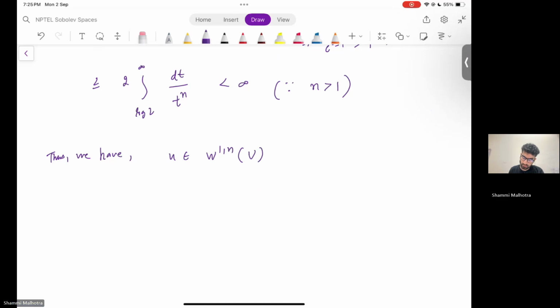But what do we have here? We have this u is certainly not bounded. It's not in L infinity because of the singularity at x equal to 0. Okay.